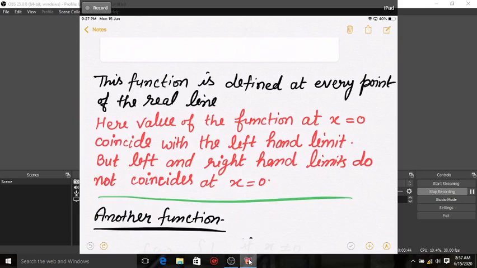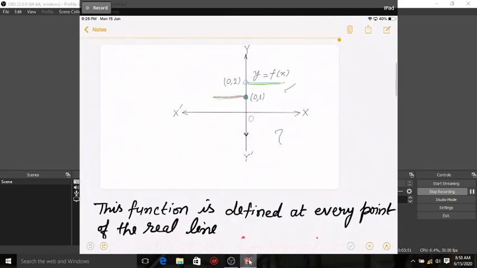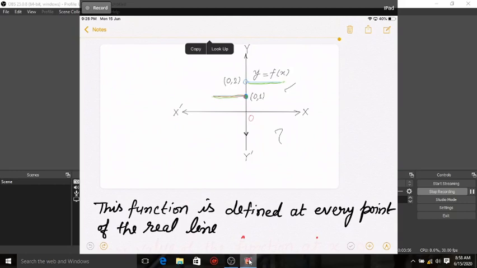Here we can see this function is defined at every point of the real number line. On the left side of the y-axis, for any value of x, the value of the function is 1, and on the right hand side the value of the function is 2, and for x equal to 0 the value of the function is 1.